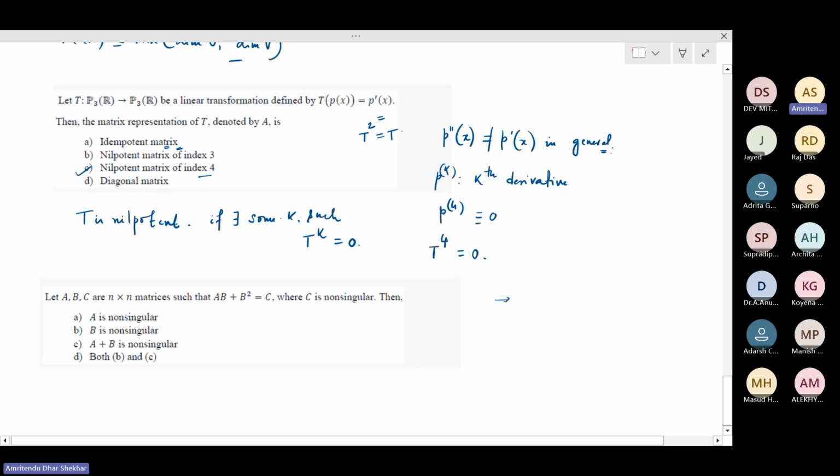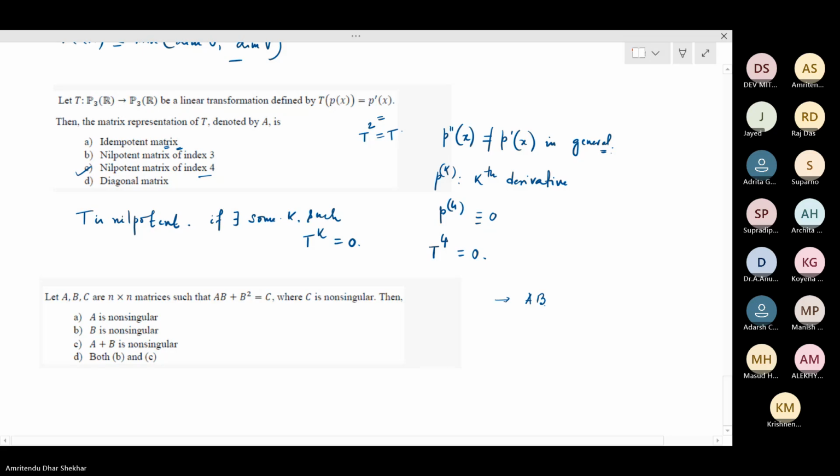If you take the product of two matrices A and B, and ask what is the rank of this product AB, the rank of the product AB is always less than or equal to the minimum of the rank of A, comma, the rank of B.